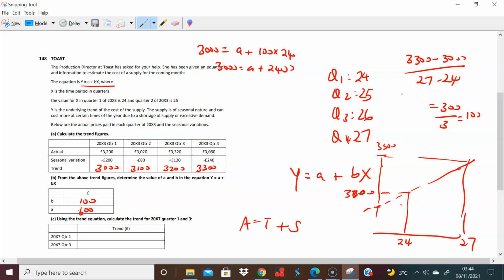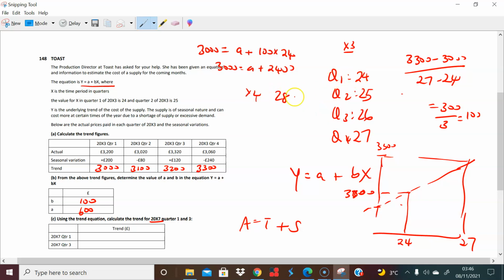Then it says, using the trend equation, calculate the trend for 2007 quarter one and quarter three. I remember seeing something like this in the textbook where they tell you to go all the way to 2007. So you know that in 2003, these are your numbers. So this is X3, isn't it? So in X4, I'm sure you're happy to accept that quarter one must be 28, right?